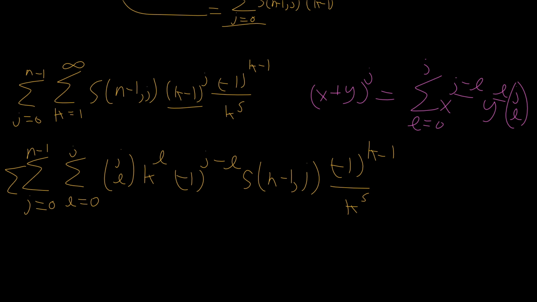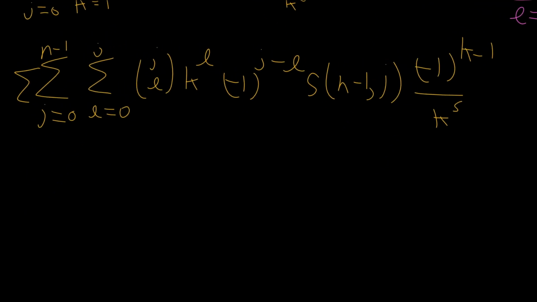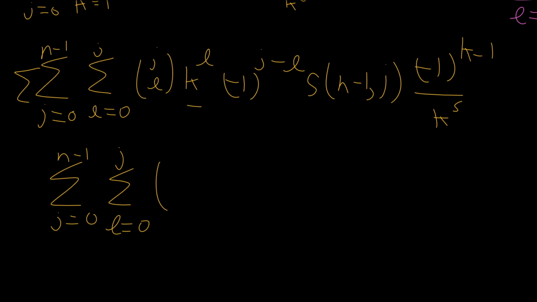So this is a lot, but if we rearrange the order of the sum again, we find that we have the sum from j equals 0 to n minus 1 of the sum of L equals 0 to j, and all this, except for this right here, which we're going to absorb into this k, stays the same.